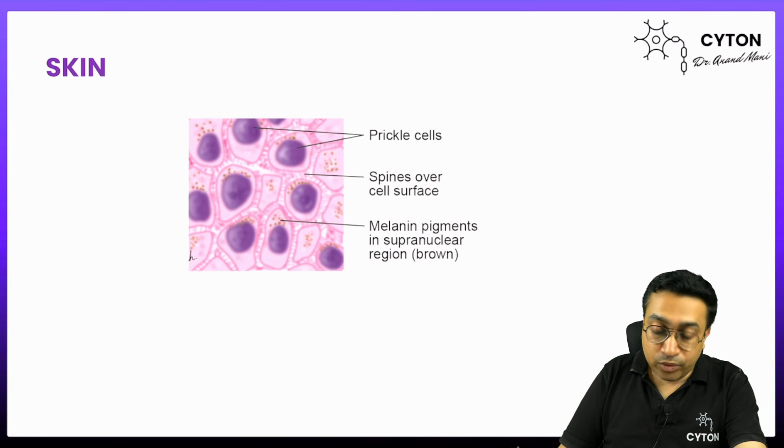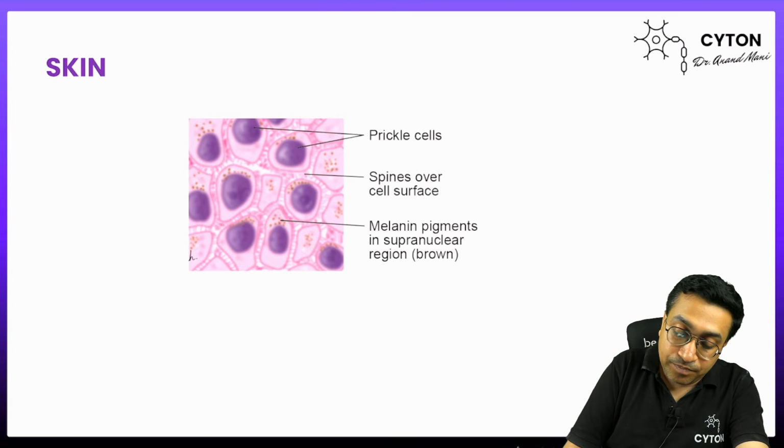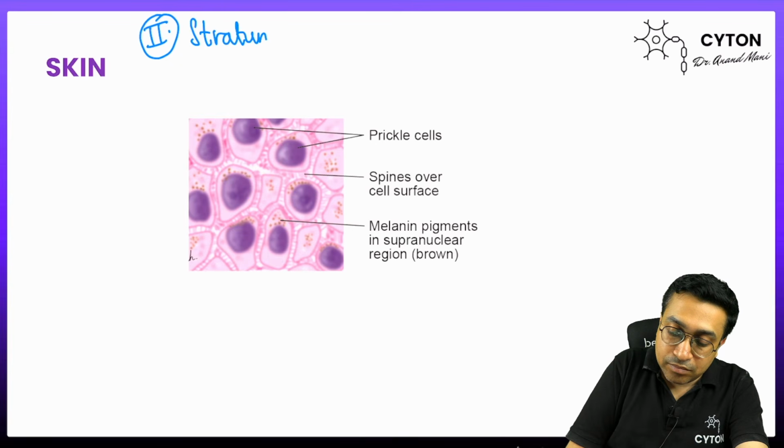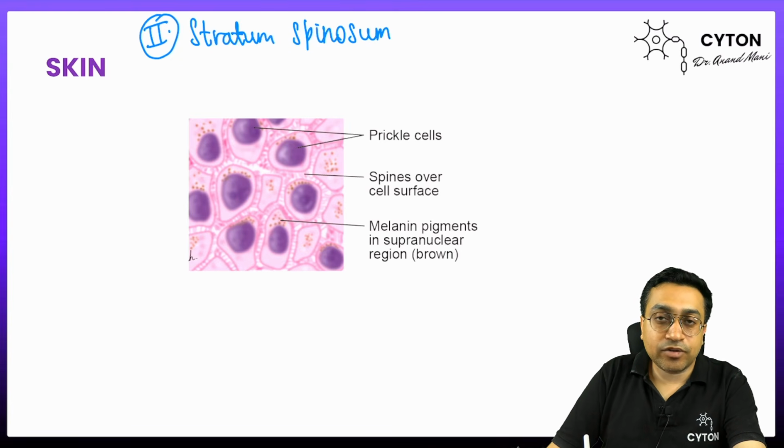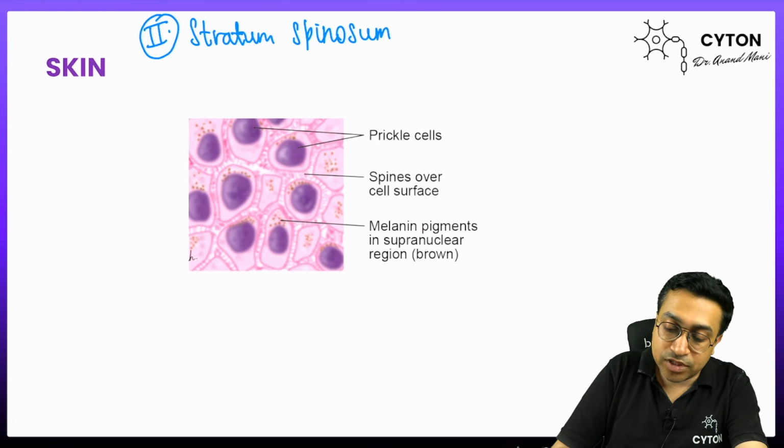Next we talk about the second layer, that is the stratum spinosum. See, we need to know a few important points about each layer, that would be more than sufficient.